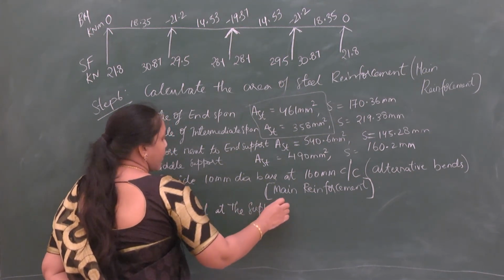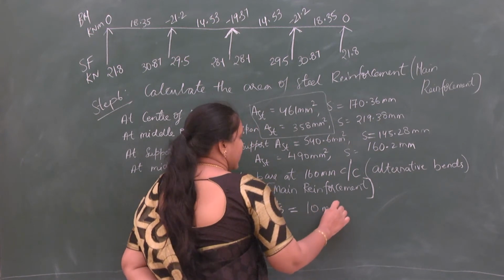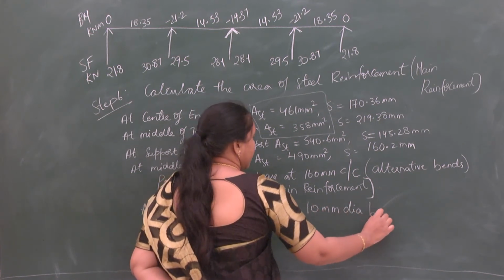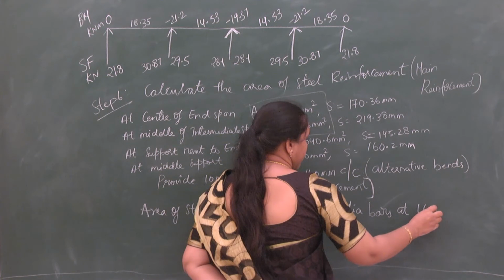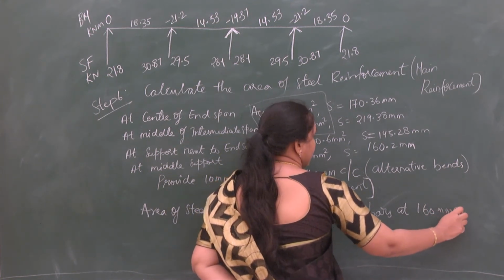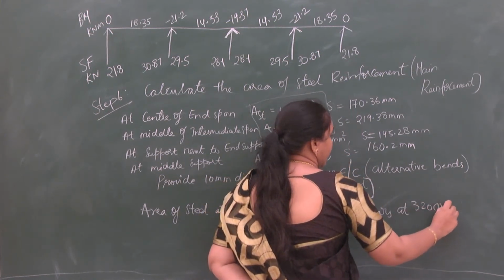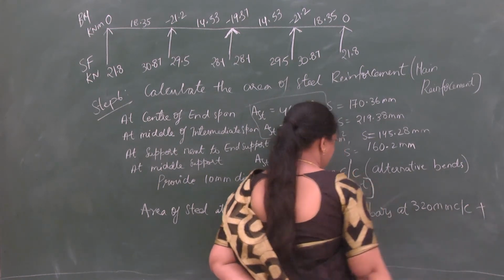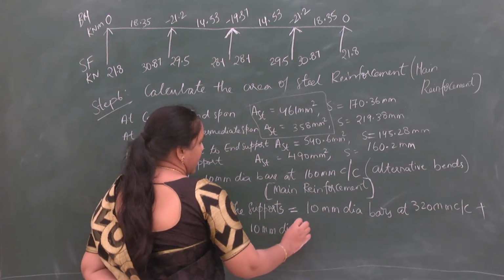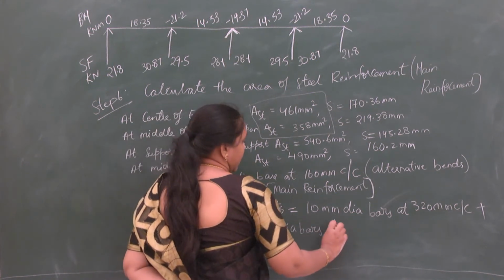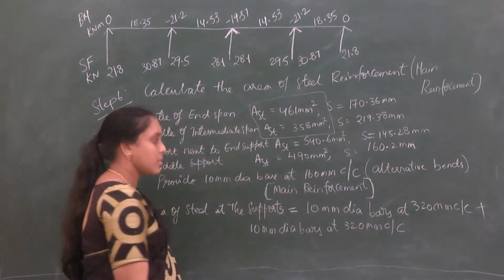At the supports I will provide the same 10 mm dia bars at 320 mm center to center plus 10 mm dia bars at 320 mm center to center.